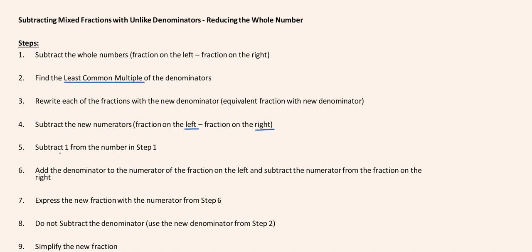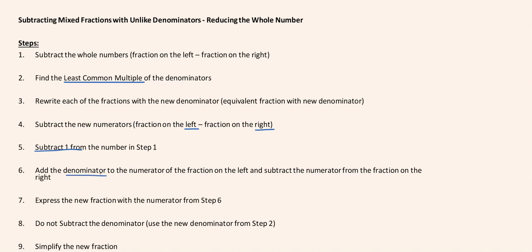So we're going to have to subtract 1 from the result of the subtraction of the whole numbers. And the one that we subtract, we're going to rewrite it as a fraction where the numerator and the denominator are the same.